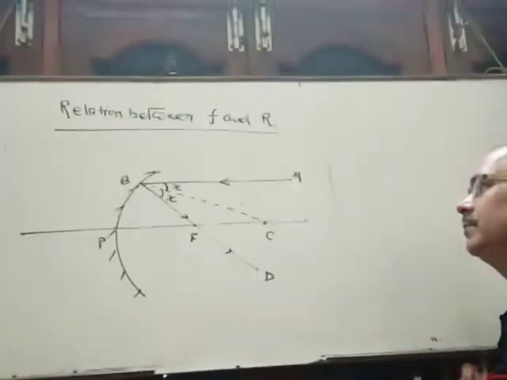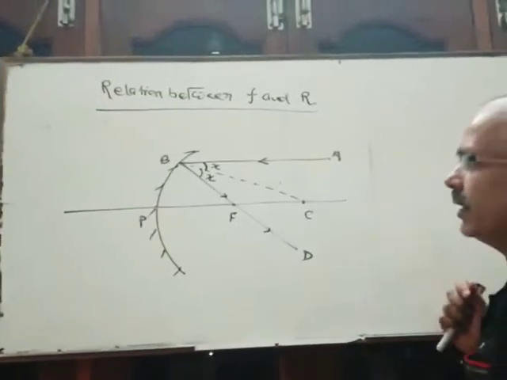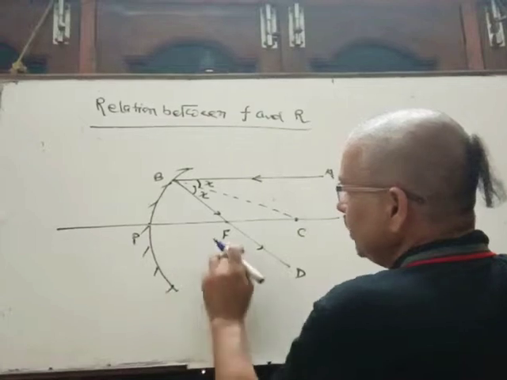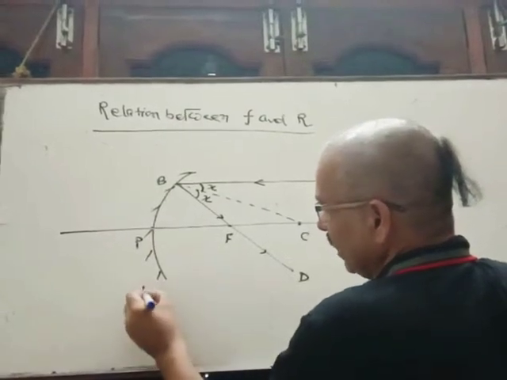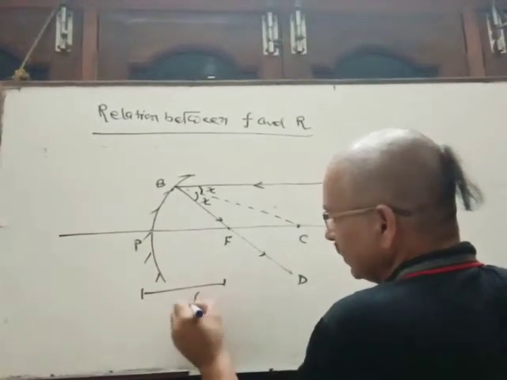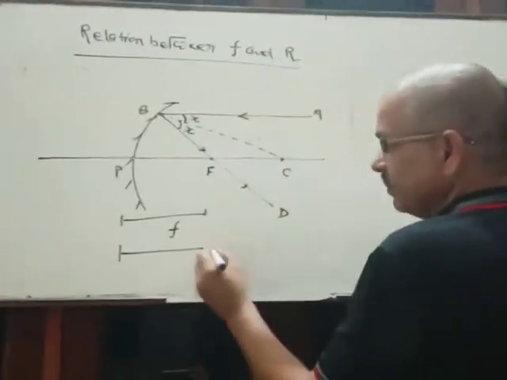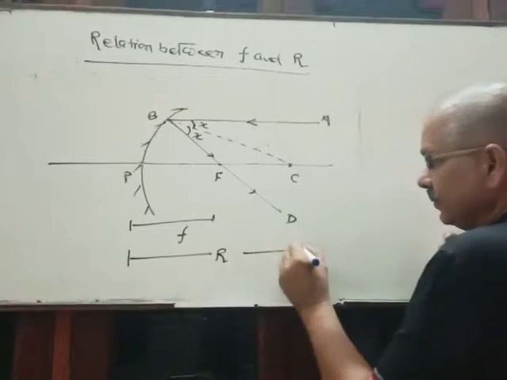So both are X. Here the distance from P to F is the focal length denoted by f, and the distance from P to C is the radius, or you can say the radius of curvature.